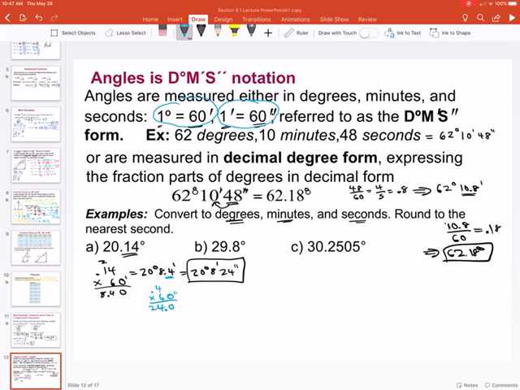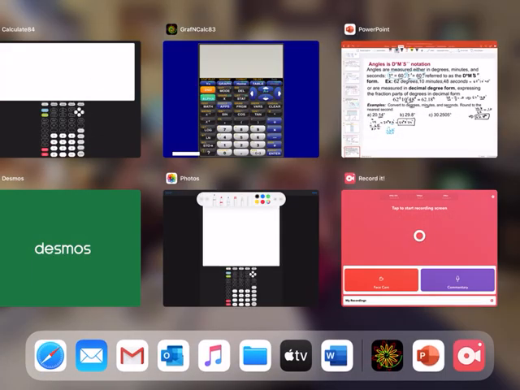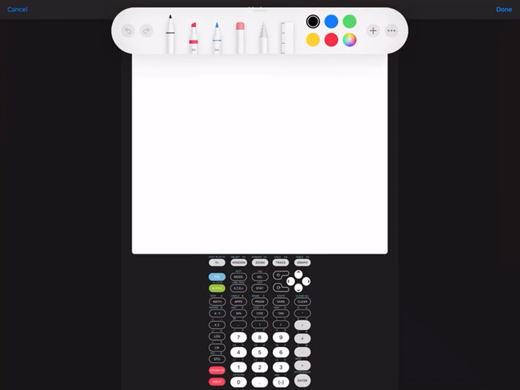So, as we have that, let's take a look at the calculator real quick, on the TI. I'm going to circle the commands, and then I'm going to go to a different version so I can actually perform the command.